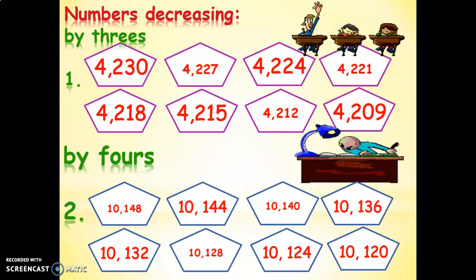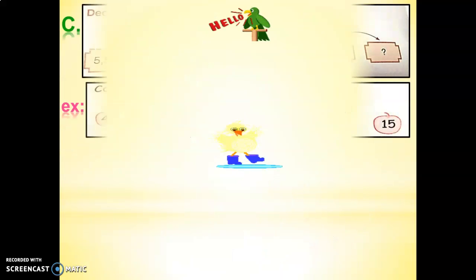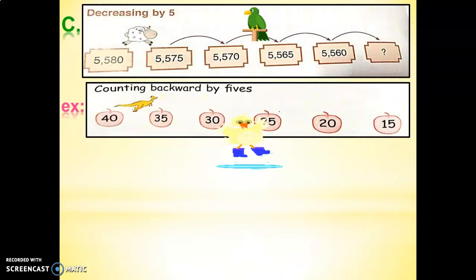Let's go and see the next number pattern. The next one is decreasing by 5. So it's the same as saying counting backward by 5s or using minus 5 to get the answer. Now from the first example, 5,580 minus 5 gives you the following numbers.